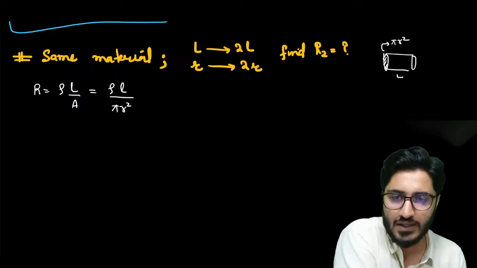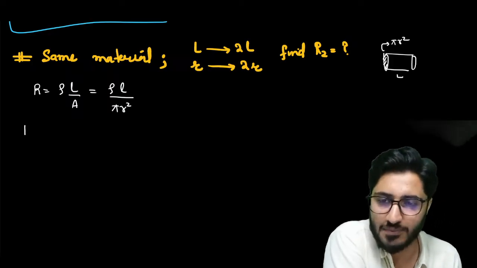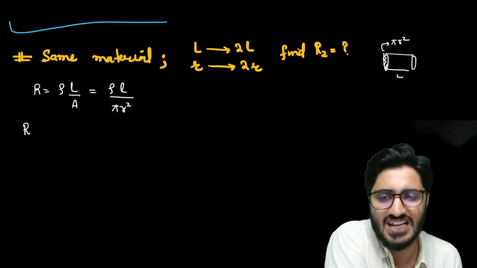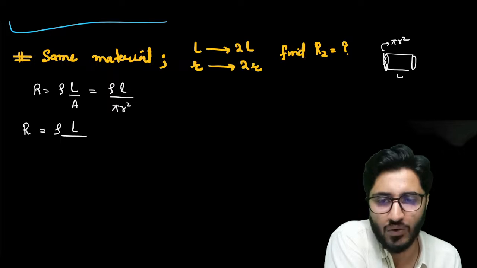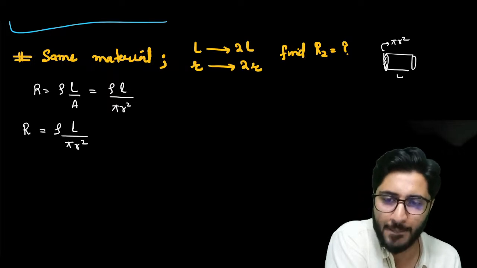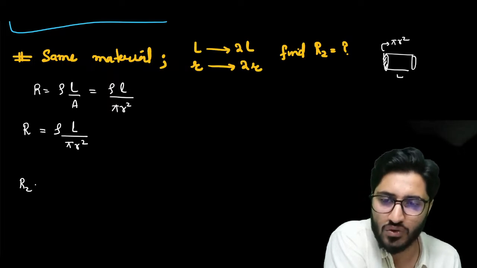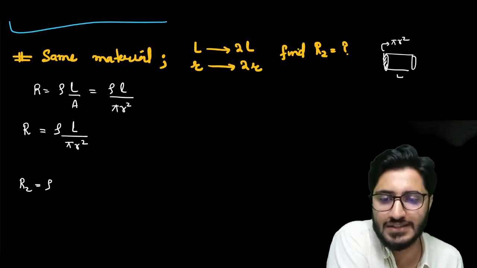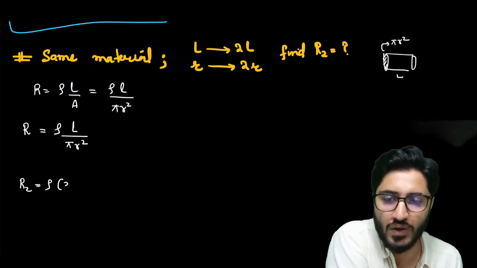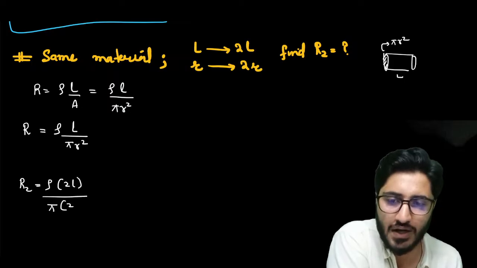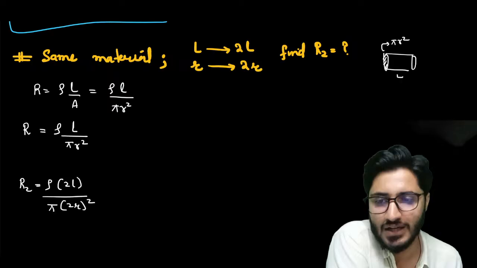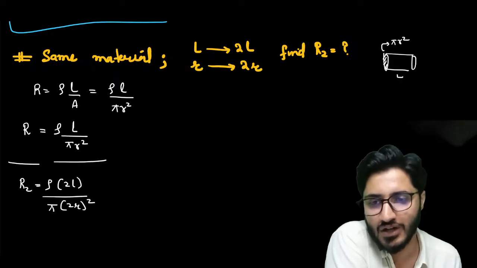Now look, initially it is R initial, which means R1. It is rho L, where L is the length, divided by pi R square. Finally, it is R2. Same material means rho is the same. Length is 2L, and the radius is 2R, so it is 2R square. Now divide these two. Rho cancels out, L cancels out, pi cancels out.